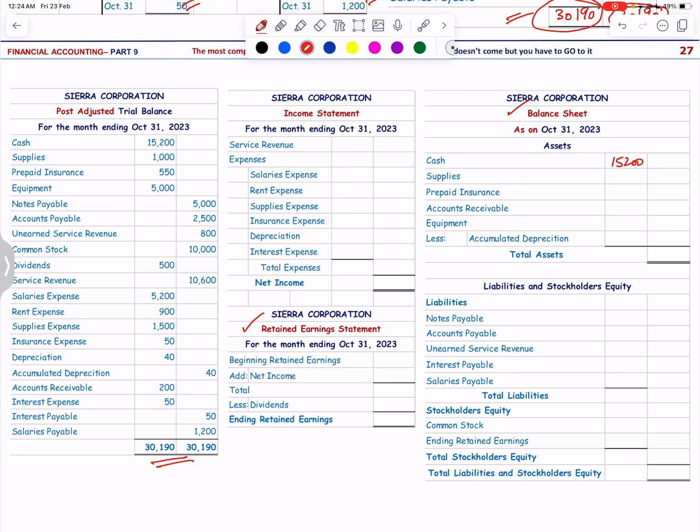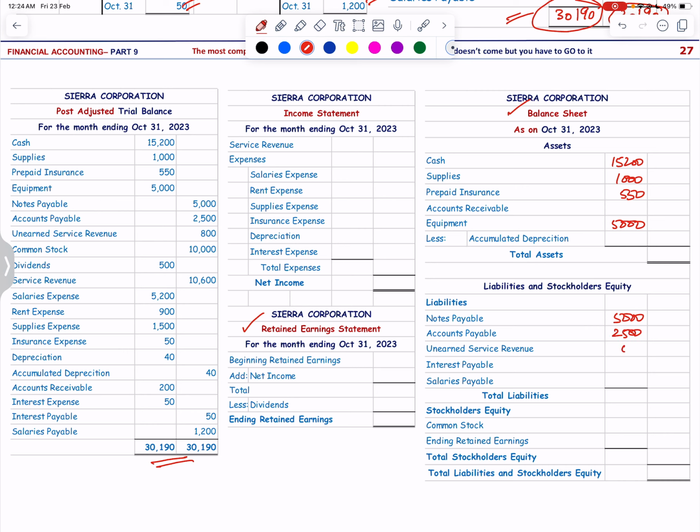Supplies is an asset 1,000. Prepaid insurance is an asset 550. Equipment is 5,000. Notes payable is 5,000. Accounts payable is 2,500.